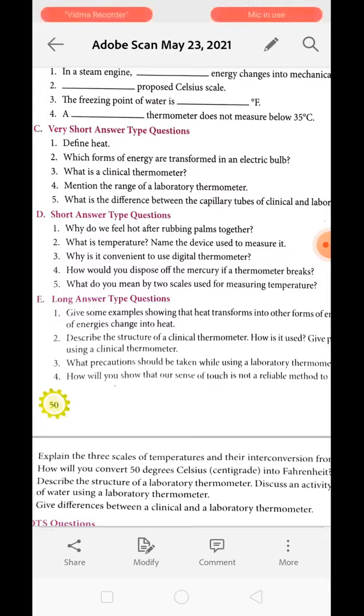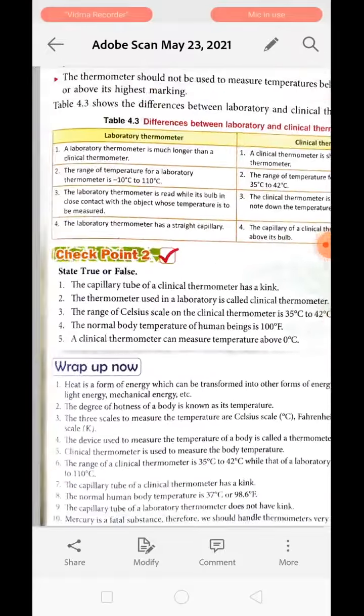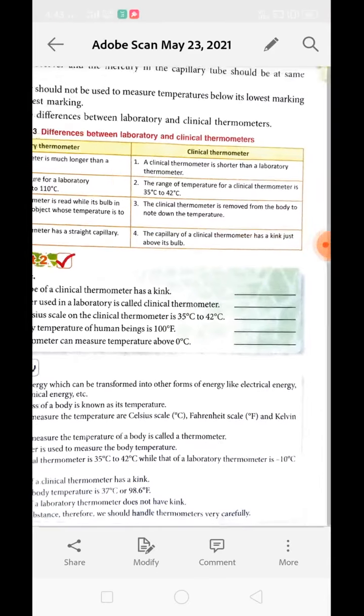Understood? Next question: what is the difference between the capillary tube of a clinical thermometer and a laboratory thermometer? For that you need to write the last point given over here in the differences. Point number 4 is your answer. The laboratory thermometer has a straight capillary, whereas the capillary of the clinical thermometer has a kink just above its bulb. This is your answer.